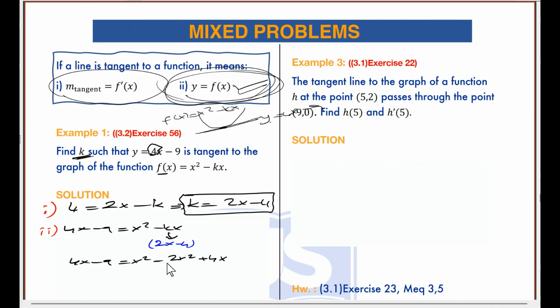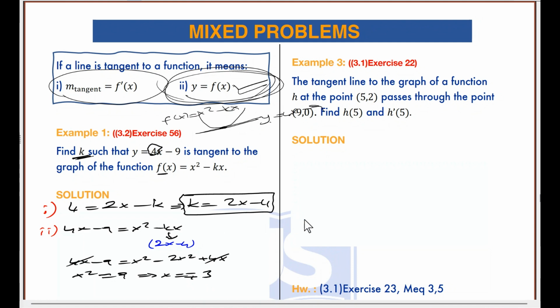It's a quadratic equation, so let's bring everything to one side. X squared minus 2x squared is negative x squared. When you move it to the left, it's positive x squared. The 4x terms cancel each other, and negative 9 goes to the right. So if x squared is 9, x is plus and minus 3.